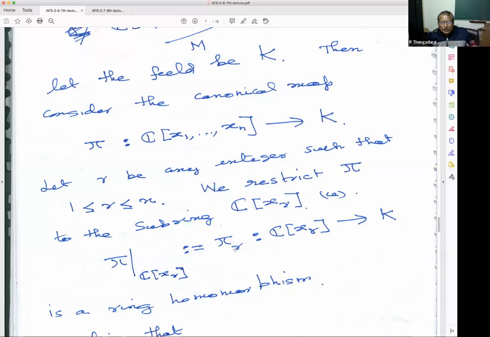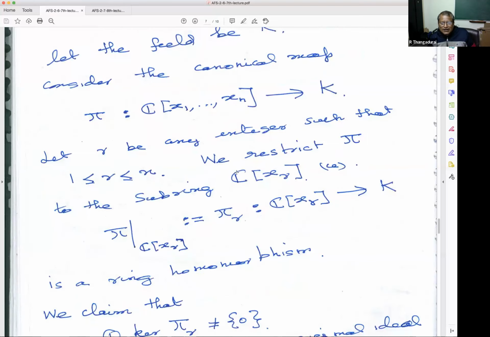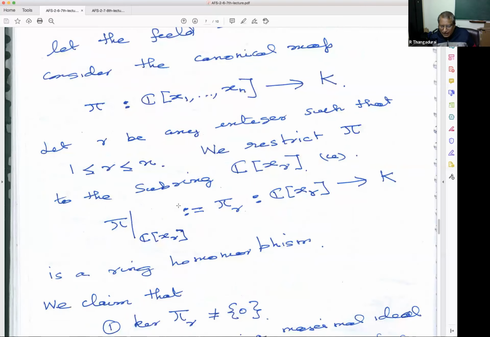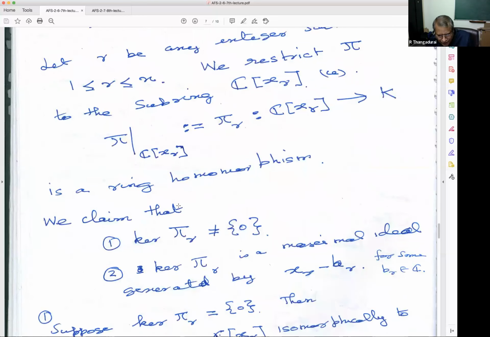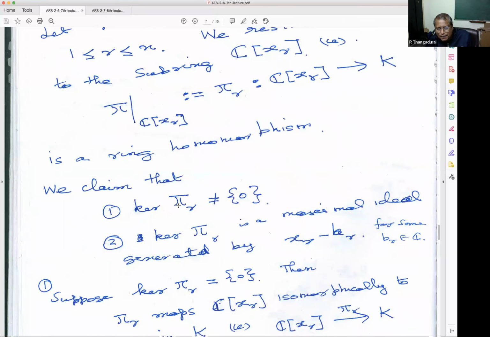All subrings we restricted, and we looked at that the kernel of the restricted homomorphism is not trivial, and also the kernel pi r is a maximal ideal generated by xr minus br. This is what we have proved.